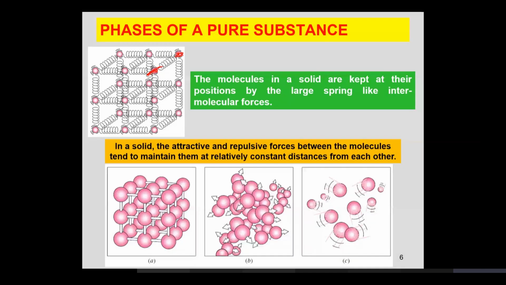However, in liquids, chunks of molecules break away from each other. They are moving freely around. But in the gaseous phase, there is no specific pattern or order that is followed by the atoms or molecules.